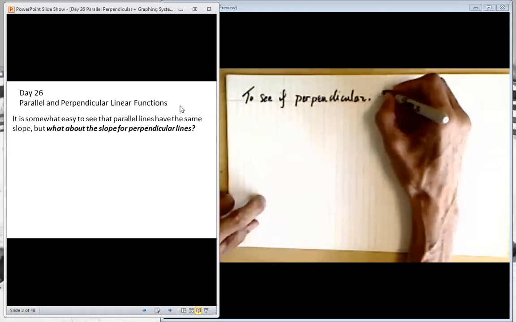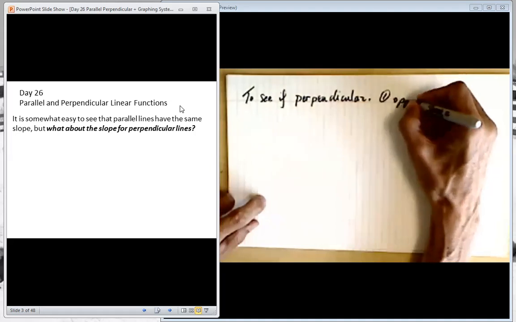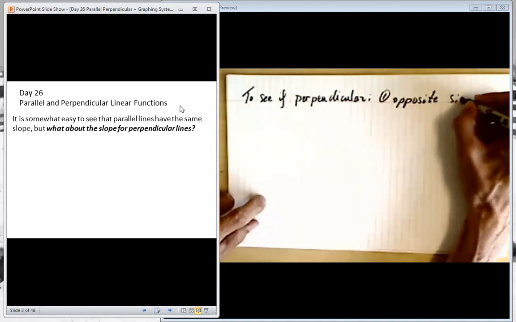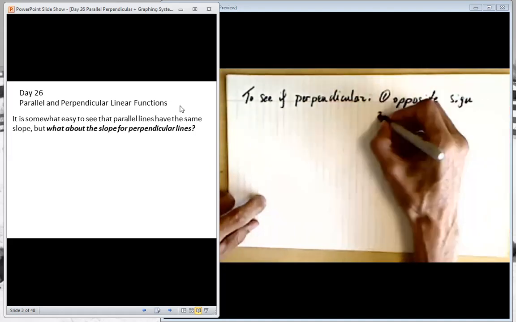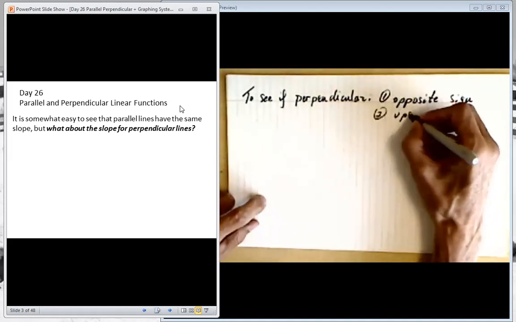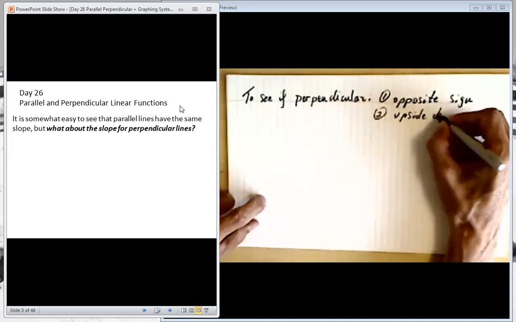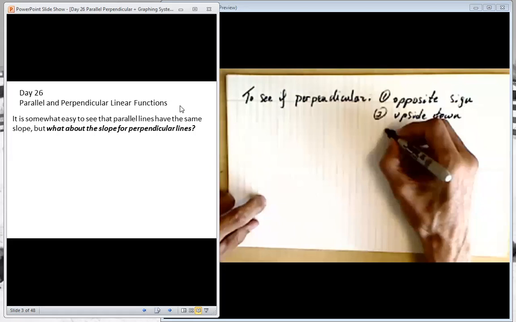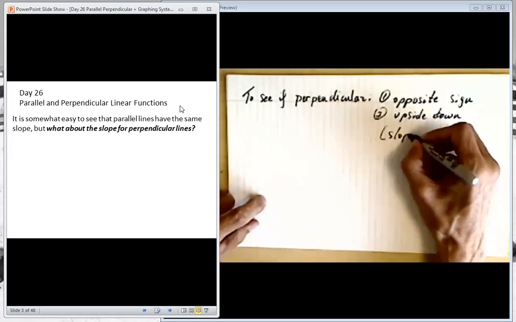One, you have opposite sign. And second of all, upside down. And I might add, by the way, that we're talking about the slopes again.